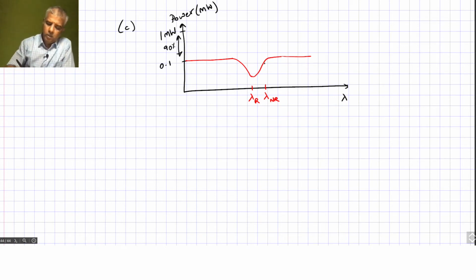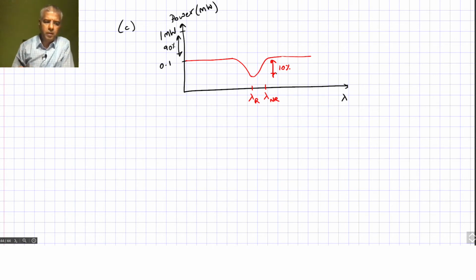Okay. Now what we've been told is that the maximum absorption corresponds to 10%. So let's actually try to express that.